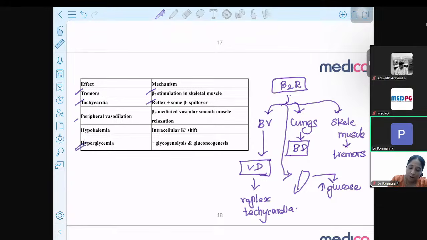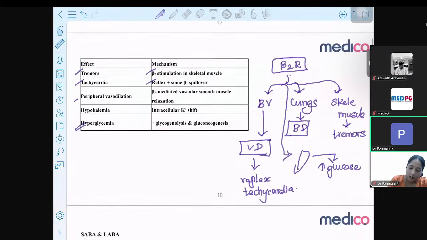The one thing which we did not see is that it causes hypokalemia. Please understand this. With salbutamol, if a question is asked in any exam, mostly they focus on the ADRs. So please remember the ADR: it causes hyperglycemia and hypokalemia.